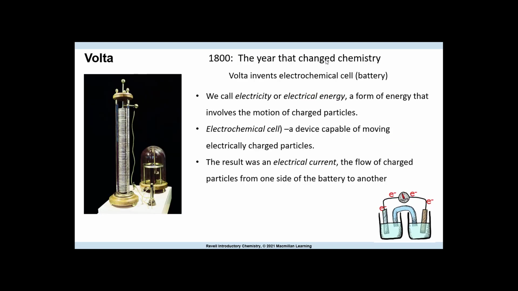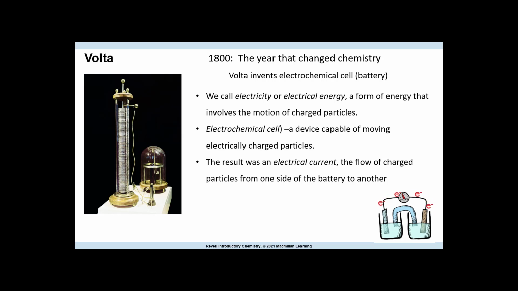So this brings us to Volta. In 1800, chemistry pretty much changed. We learned that charged particles affect a form of energy called electricity. And I found a nice little gift so you can see what I'm going to explain. In 1800, Italian scientist Alessandro Volta built the first electrochemical cell, also known as a battery.